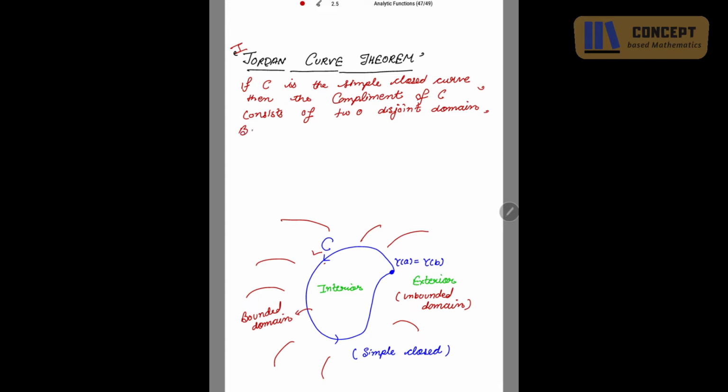That is, the bounded one is your bounded domain, that is the interior of the curve or interior portion. And the other one is the unbounded one. That is the exterior portion. Unbounded domain, that is the exterior portion.